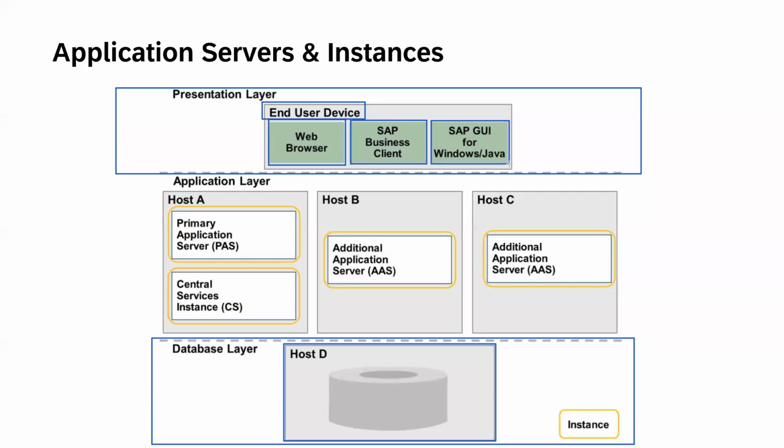You will be using the SAP GUI for Java, to be installed on the Mac system or on the Linux operating system. So the topmost layer is your presentation layer. The bottommost layer is your database layer.